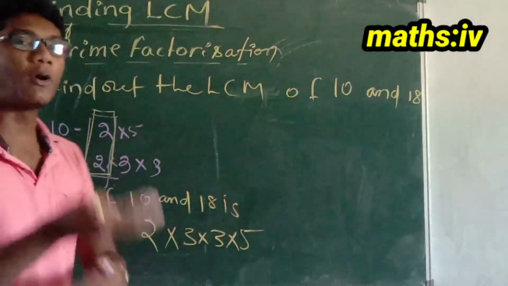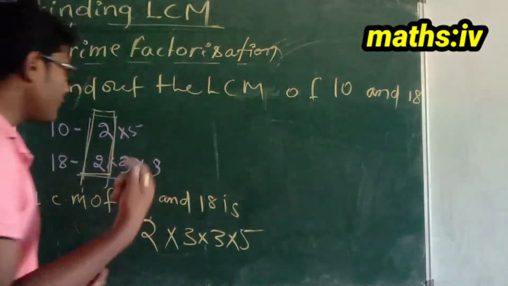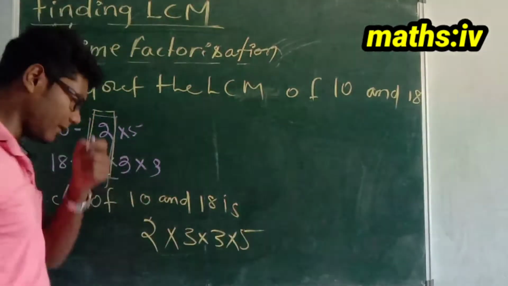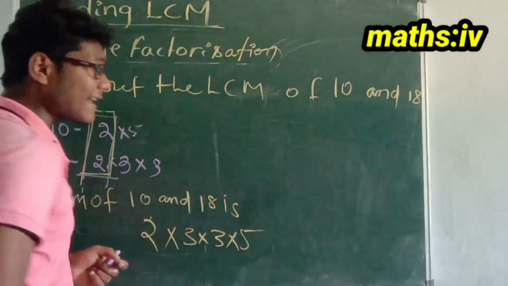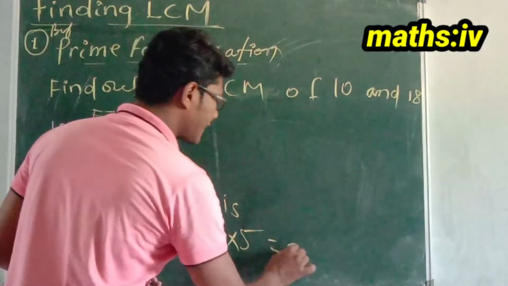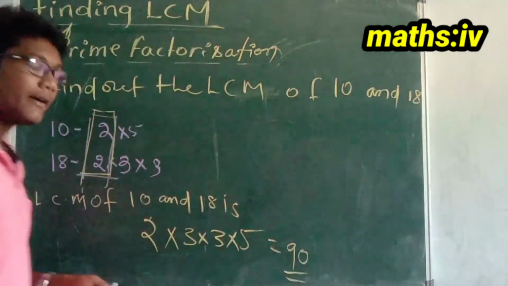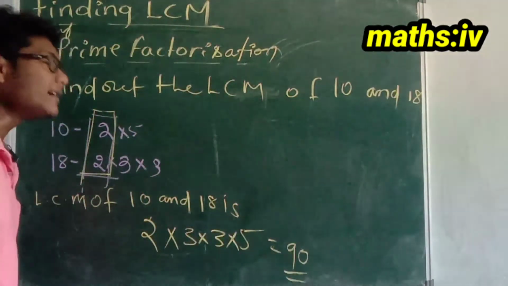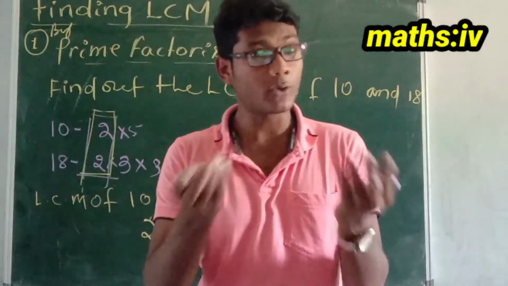In which order can you multiply, students? No problem. Whatever the order may be, the LCM does not change. So 2 3s are 6, 6 3s are 18, 18 5s are 90. Are you clear? Do you know the table of 18?